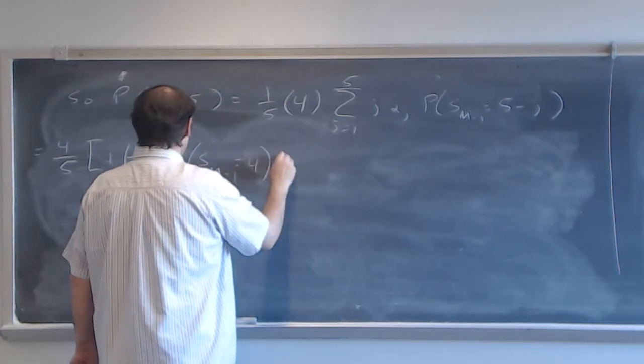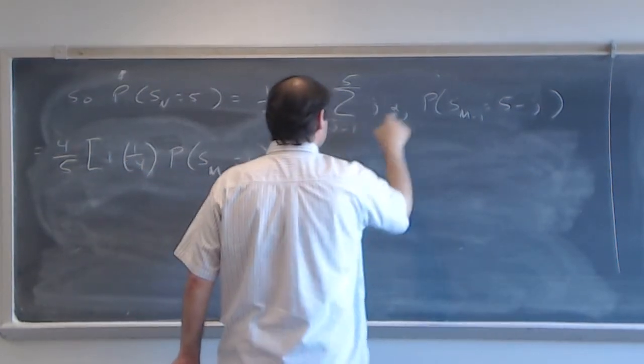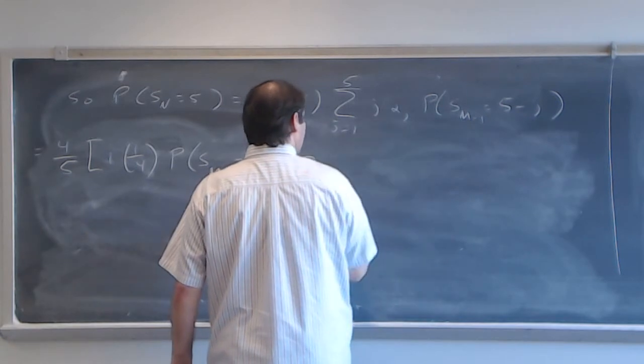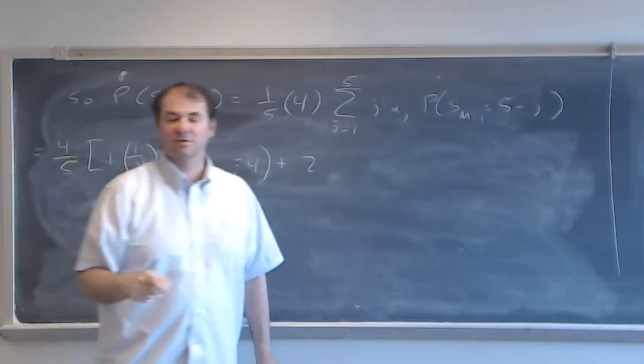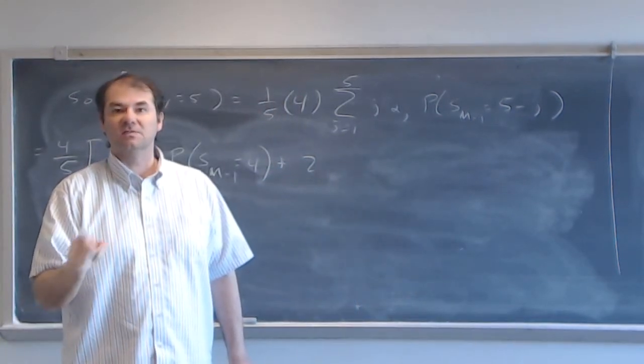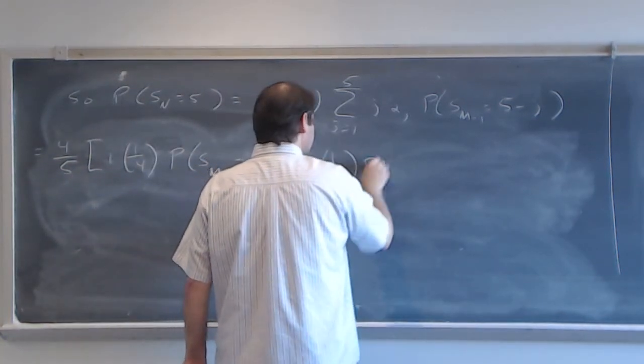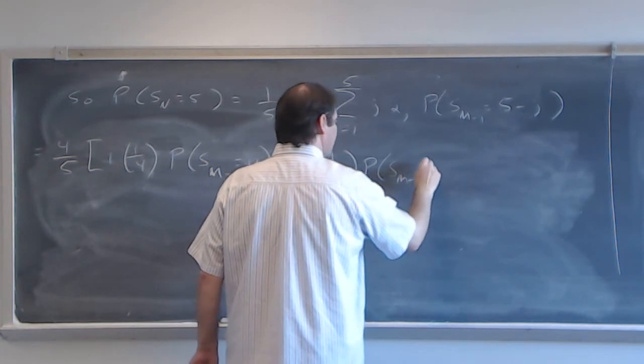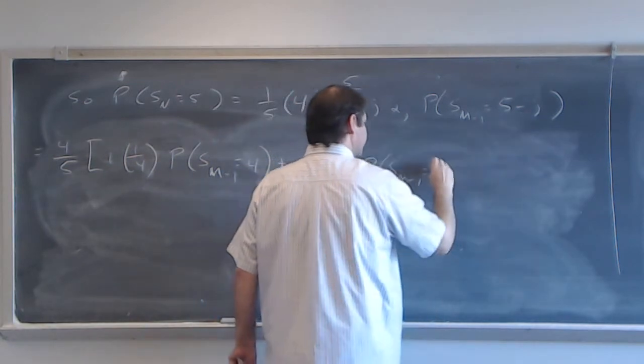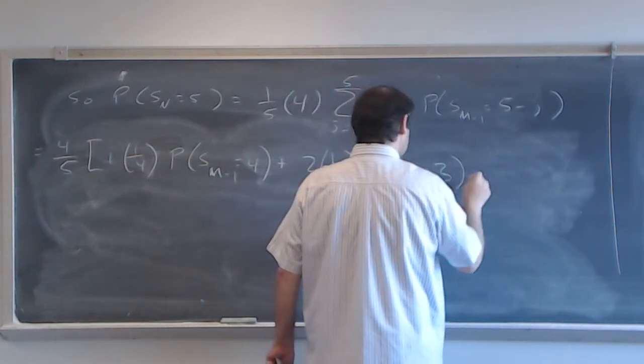That's 4. Plus, this is j equals 2, so it's 2 times alpha sub 2. Alpha sub 2 is the probability X_1 is equal to 2, that was 1/4, times the probability that S_{m-1} is equal to 5 minus 2, that's 3.